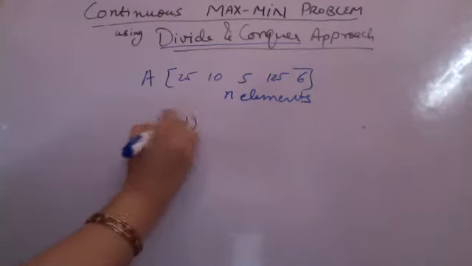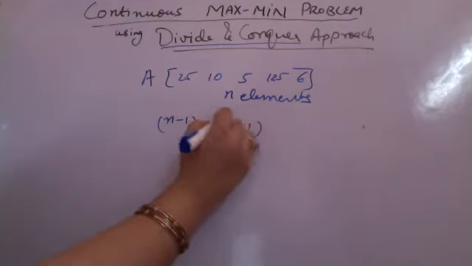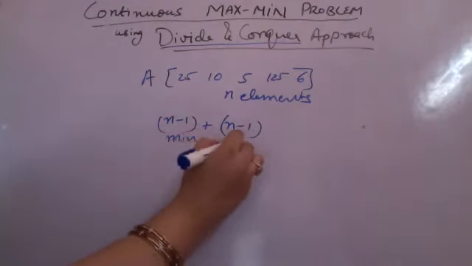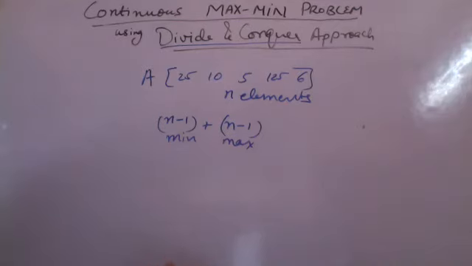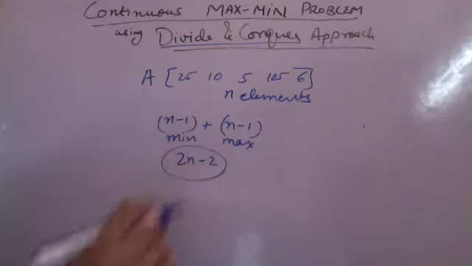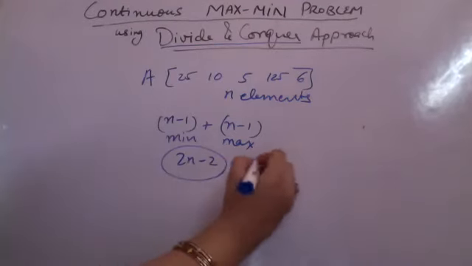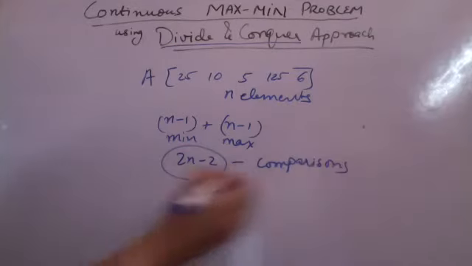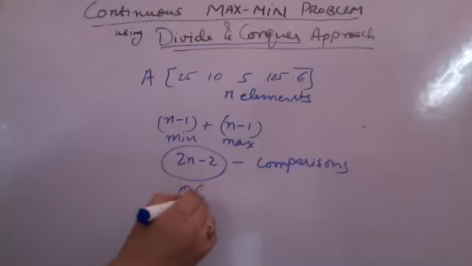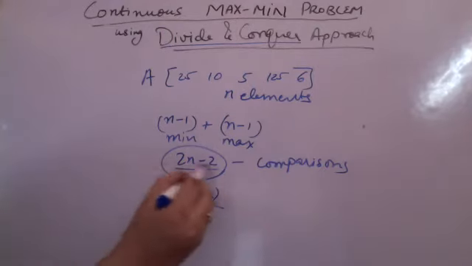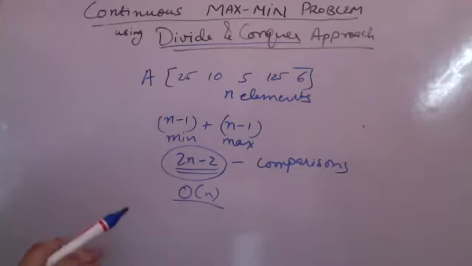N minus 1 plus n minus 1 comparisons will happen, one set to find the minimum and one to find the maximum. That is 2n minus 2 comparisons. The complexity by the basic method is of the order n only, but the number of comparisons is 2n minus 2.